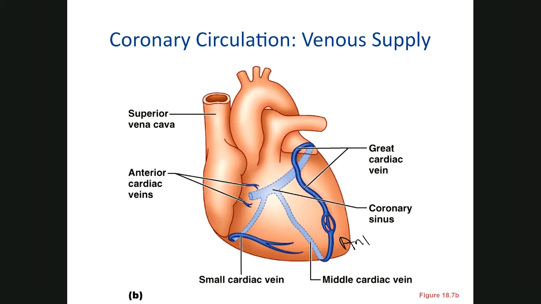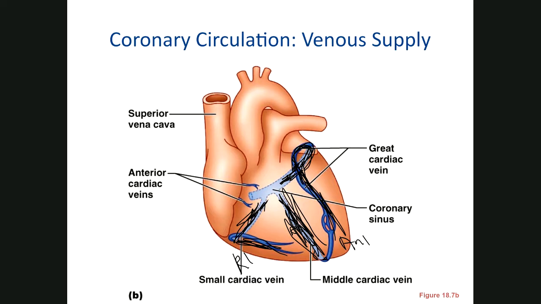And it's going to curl around and come around to the back side. The middle starts right here on the back side of the heart, and it's going to run up the back side of the heart right here. And the small is going to start on the right side and go this way.